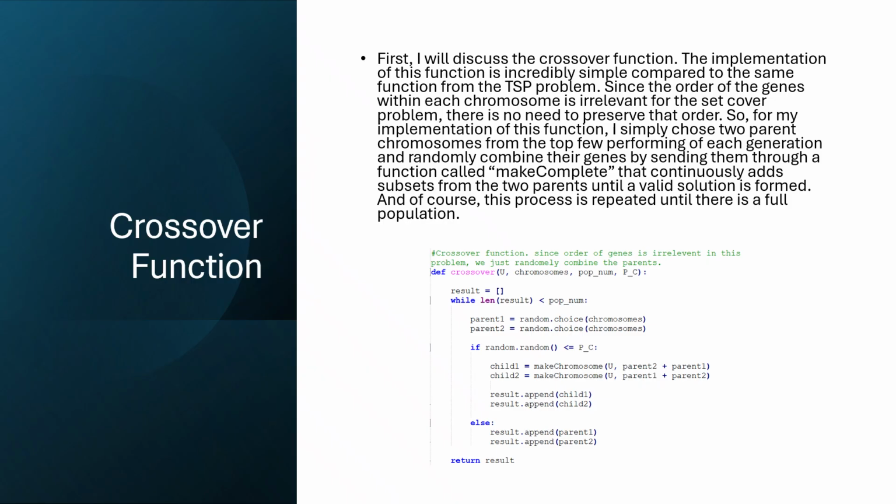So, for my implementation of this function, I simply chose 2 parent chromosomes from the top few performing of each generation and randomly combined their genes by sending them through a function called makeComplete that continuously adds subsets from the 2 parents until a valid solution is formed. And of course, this process is repeated until there is a full population.